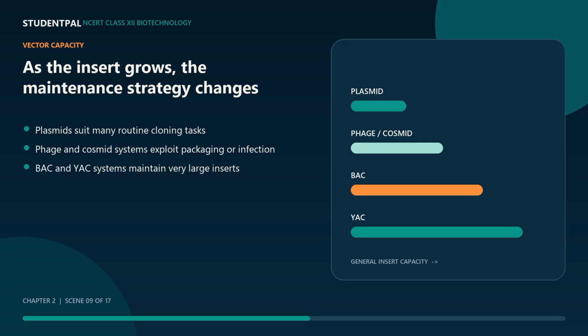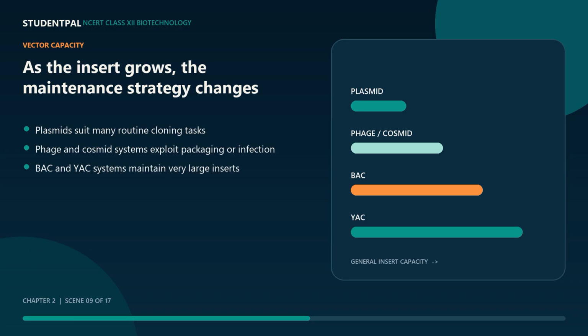Bacterial artificial chromosomes maintain large DNA fragments in bacteria, often at controlled copy number for stability. Yeast artificial chromosomes use yeast chromosome-like elements to maintain still larger DNA segments in a eukaryotic host. The exact choice depends not only on size but also on library purpose, stability, host, recovery method, and downstream analysis.